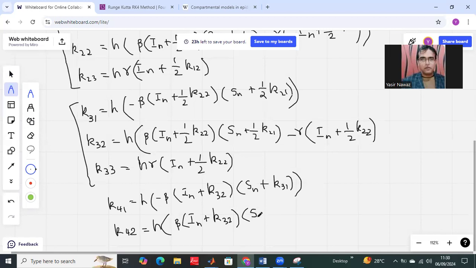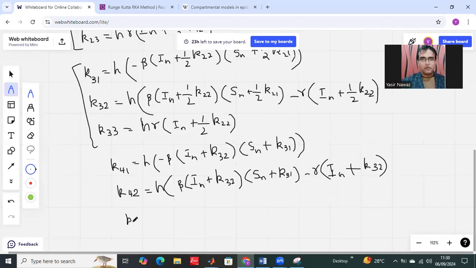Then Sn plus the previous component for susceptible, which is K31, minus gamma into In plus K32. And then K43, that's H times gamma and In plus K32.